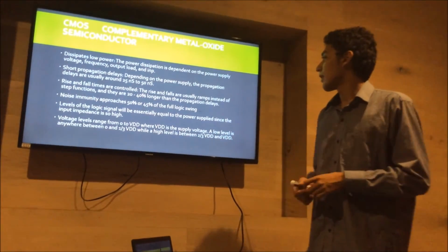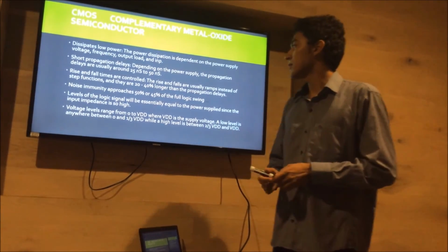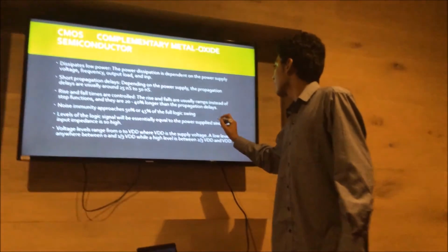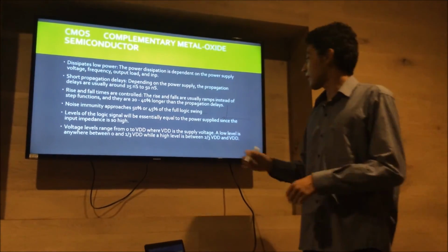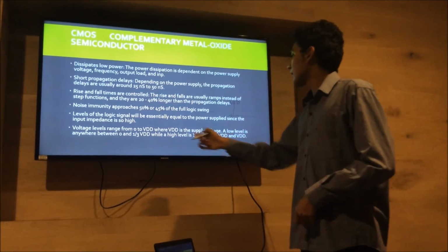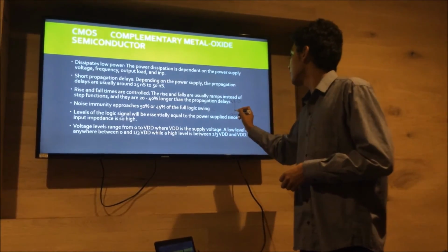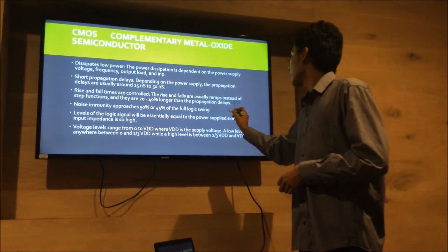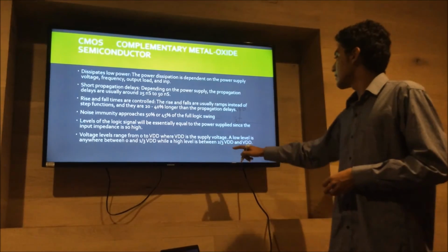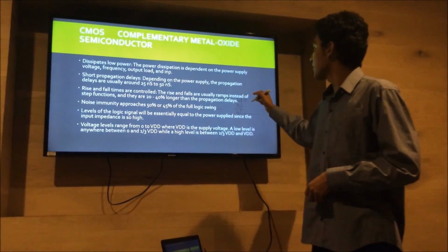The low level goes from 0 to 1/3 of the total voltage, and the high level is between 2/3 of VDD and VDD.